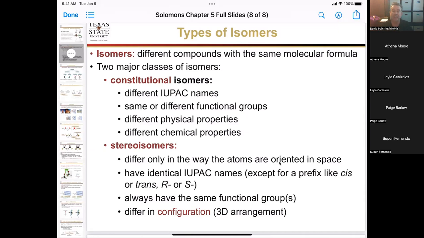Okay, they always have the same functional group. They only differ in their 3D arrangement. Okay, three-dimensional arrangement. So stereo means space, how they're hooked together in space. Constitutional isomers can be really, really different. Stereoisomers only vary in one way, how they look in space.